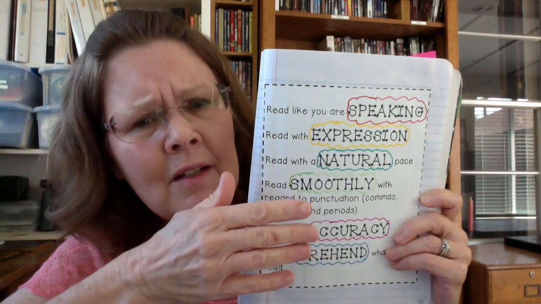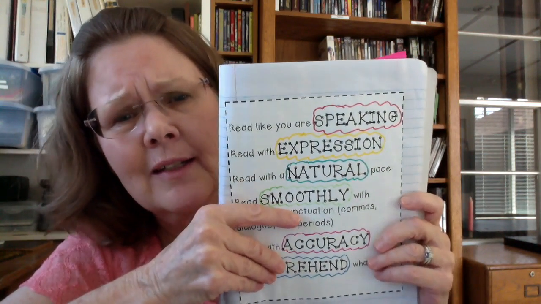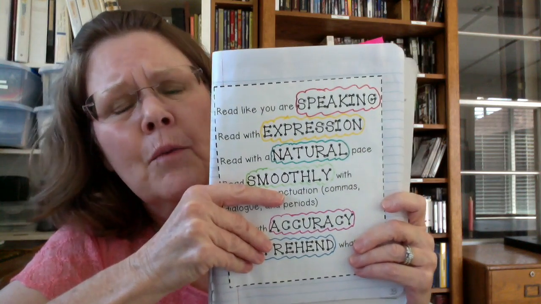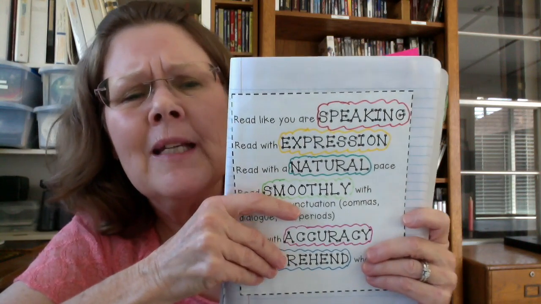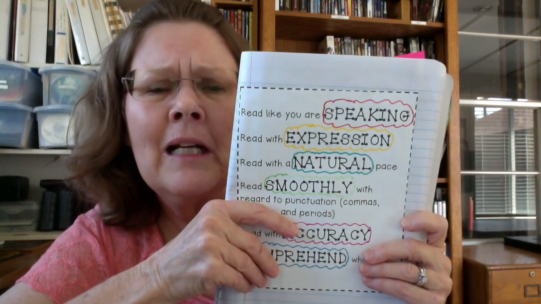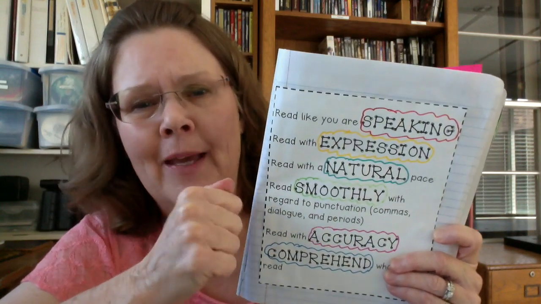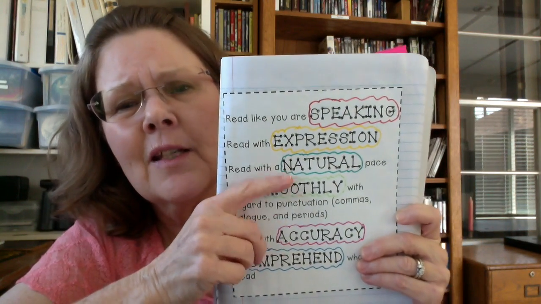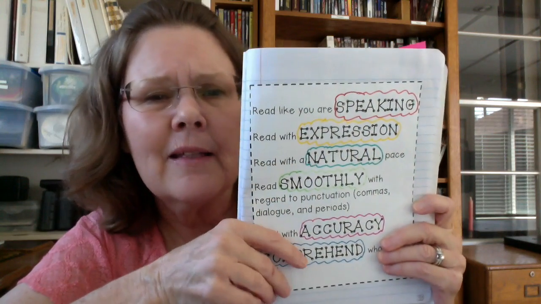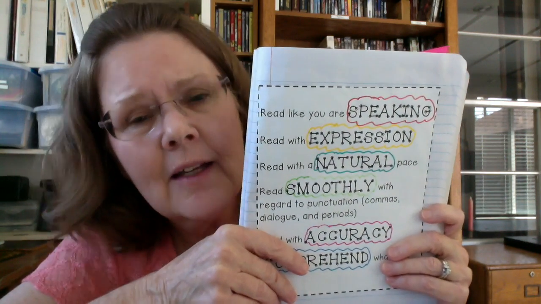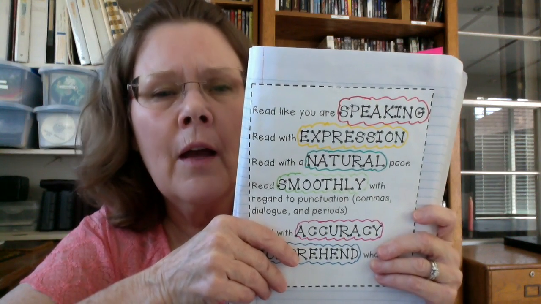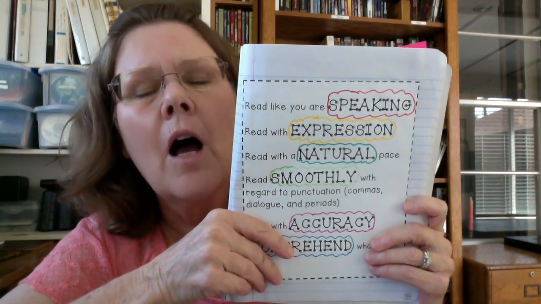If you have a question, make your voice sound like it's got a question. If somebody's sad, you're going to read a little differently than if someone's really excited and happy. It says read with a natural pace. All that means is don't read super fast, and don't read very, very slow.